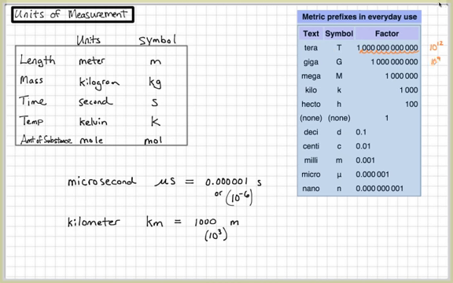And likewise for giga, we have 10 to the 9th. Mega is 10 to the 6th. Kilo, 10 to the 3rd. Hecto, 10 to the 2nd. And for the smaller prefixes, deci is 10 to the minus 1, centi 10 to the minus 2, and so forth.